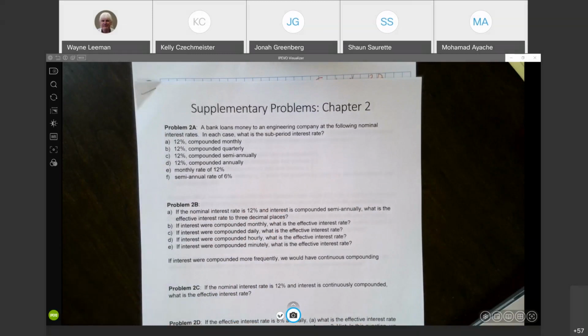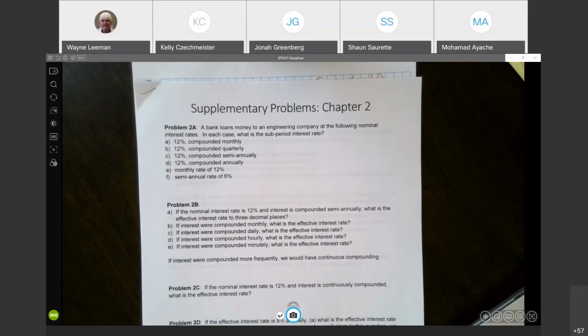You will find, because it is nominal, that we don't work, with one exception, with nominal interest rates, nor does the bank or the credit union or anybody loaning you money that gives you a nominal rate.